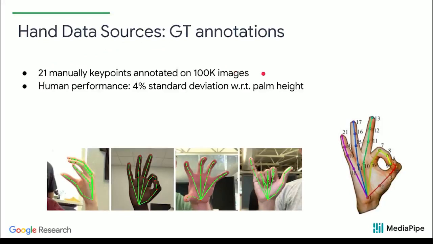This is a simpler task than for face meshes, just because the number of points is much smaller. And you can see some of the ground truth examples at the bottom. When you ask the question, how good are humans? They differ with respect to the palm height by roughly 4%.